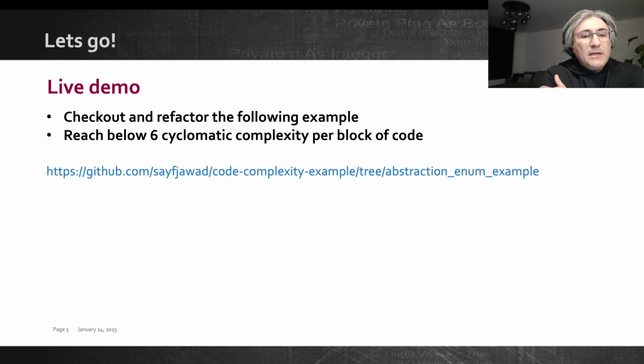The link you can find on the screen. I will also post it in the comments section, and you can click it and go to GitHub and use this branch to do the example yourself. Today's goal is to reach a cyclomatic complexity of 6 or lower. That would be fine. So let's get to it.